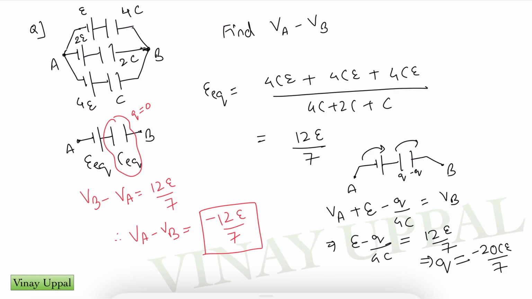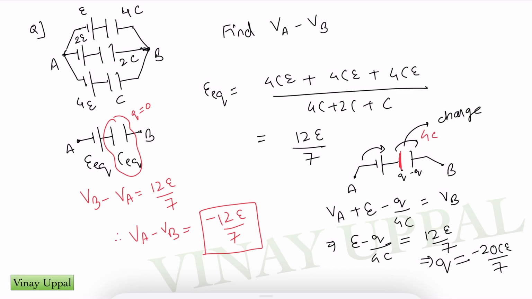Now this negative sign just denotes that what I assumed was that the left plate of the 4C capacitor is positive Q. So that positive Q is coming out to be minus 20 CE by 7. If they ask you the charge on the 4C capacitor, you report the positive value.